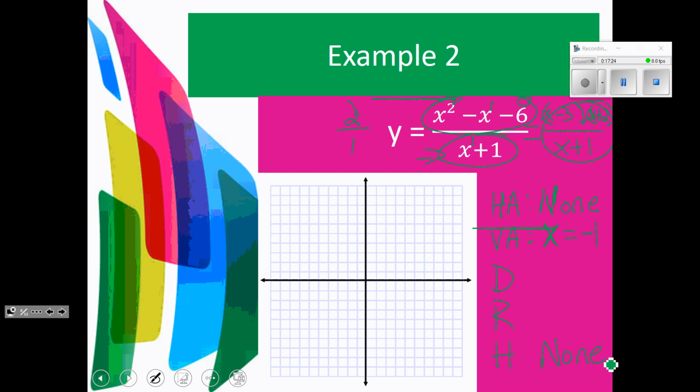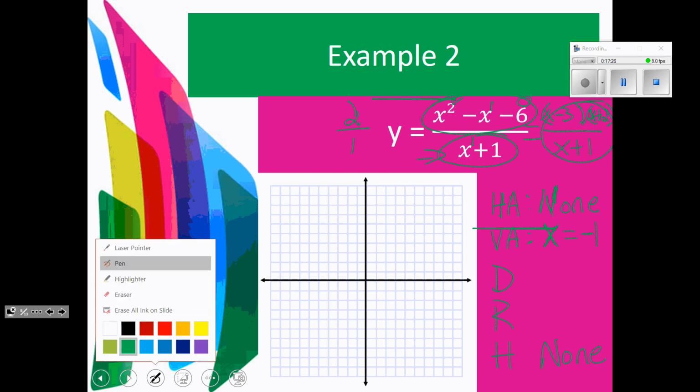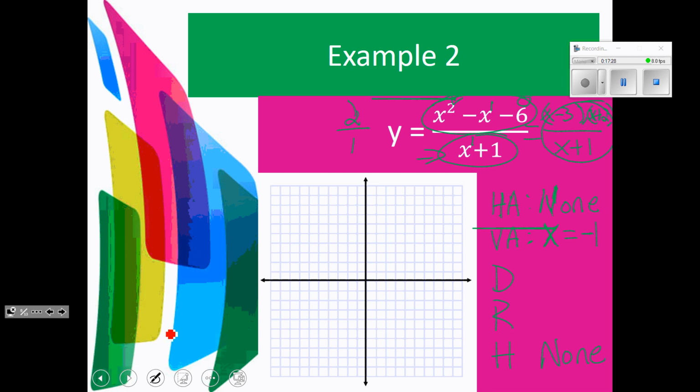I'm going to go in red and draw in my vertical asymptote. In my colored pencil, at x equals negative 1, I'm going to draw my vertical asymptote. That is where the graph is going to get really close to this line, but it's not going to quite touch it. So we're going to go to our calculators and put this in. You can put this one in or the original.